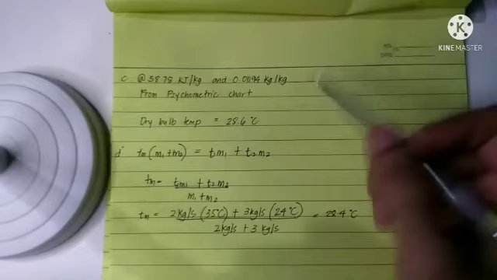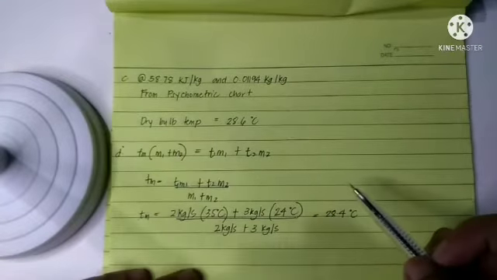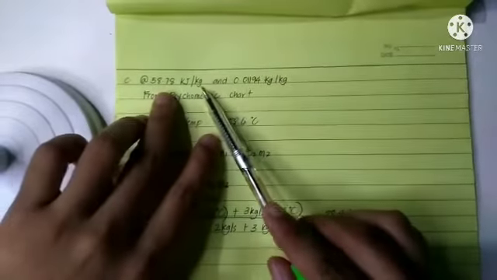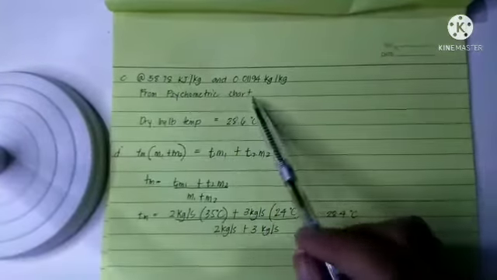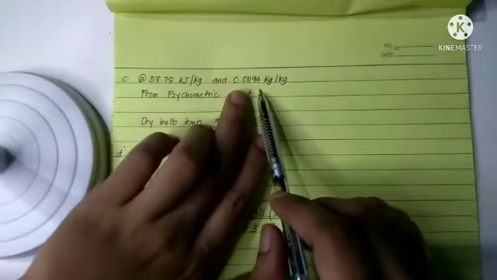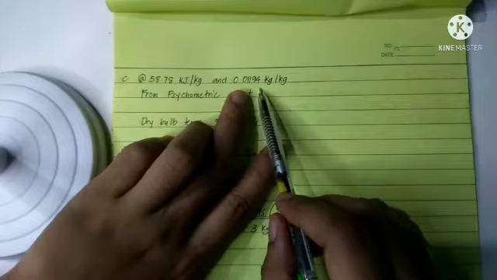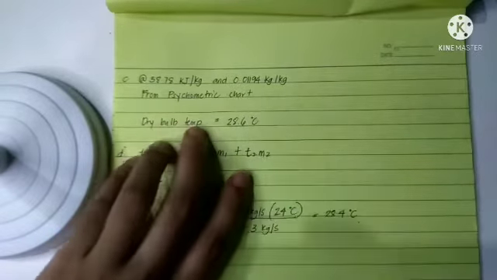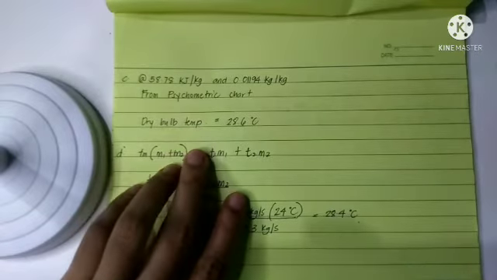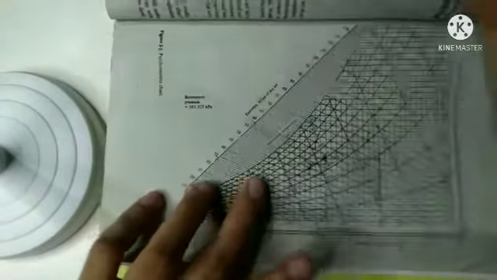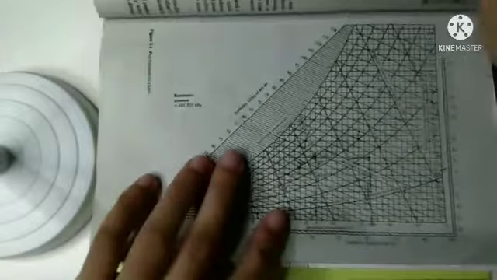So for dry bulb temperature, at 58.78 kilojoule per kilogram from our enthalpy mixture and from our humidity ratio, which is 0.0119 kilogram per kilogram. So from using psychrometric chart, we are able to find the value of our dry bulb temperature. So we have here 58.78 and 0.0119.